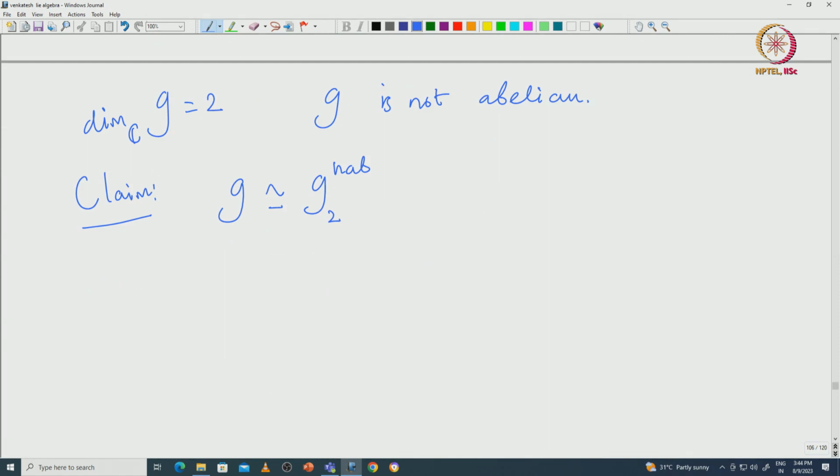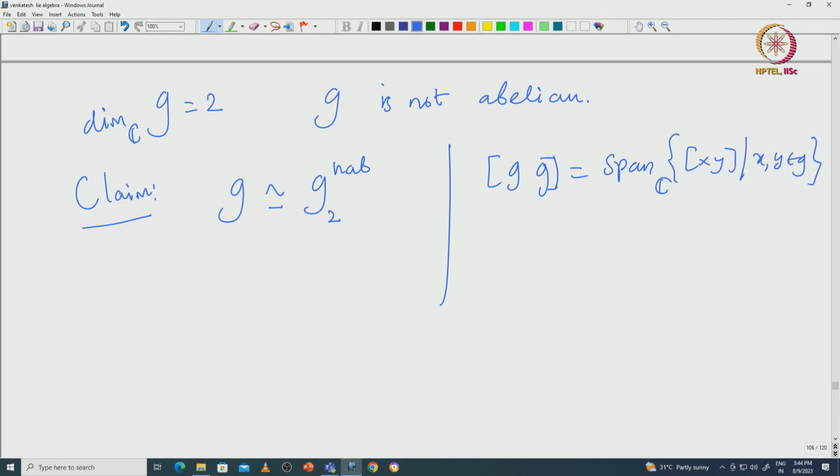First of all, recall what the derived algebra is. The derived algebra is nothing but the span of all the commutators bracket x y, where x and y come from G. So, this is the derived algebra of G.